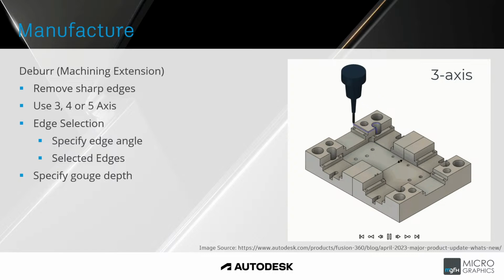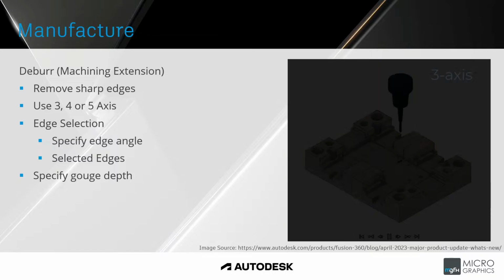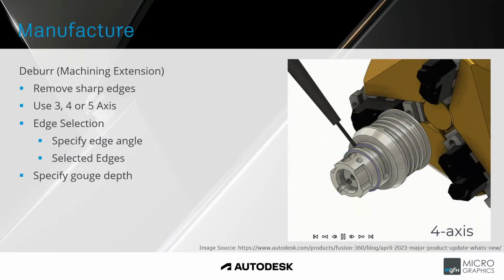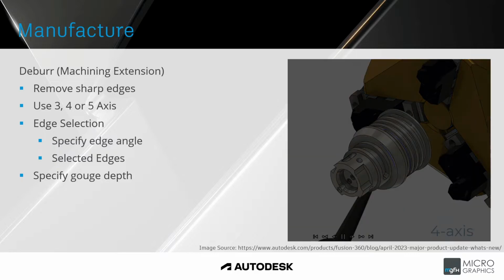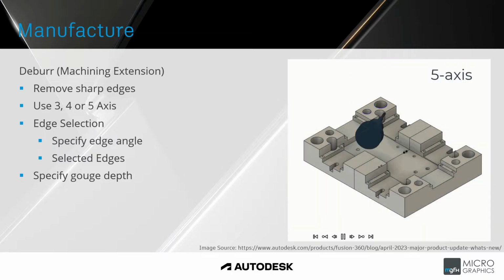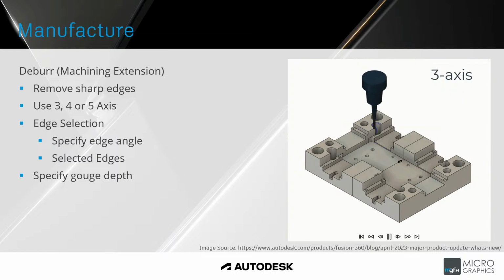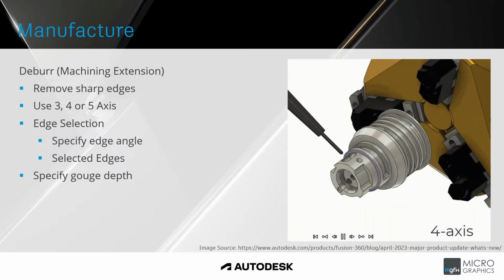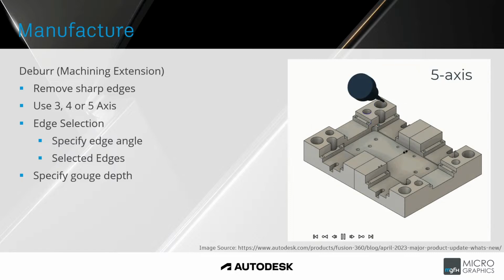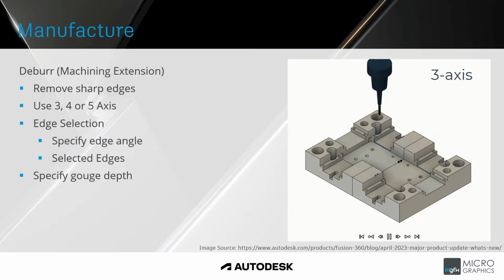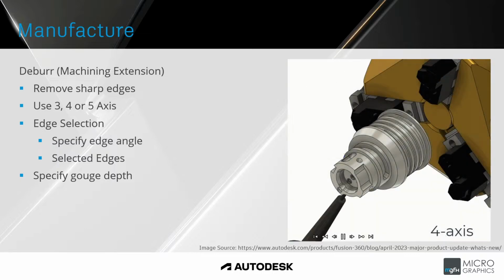Moving on to a very big time saver, the deburr option. This is part of the machining extension once again, and this allows you to remove sharp edges, or deburr sharp edges, on a component. For edge selection, you can specify an edge angle, so the angle between the two faces that meet at that edge.